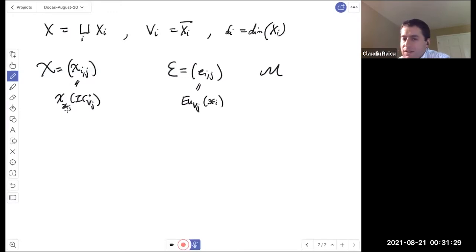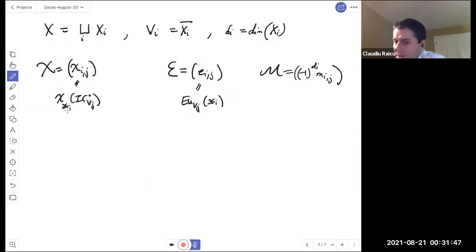And then this matrix M encodes the characteristic cycles of simple modules, of IC sheaves. I'm just going to throw in the sign for reasons that will become obvious.